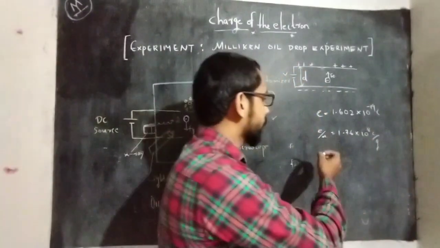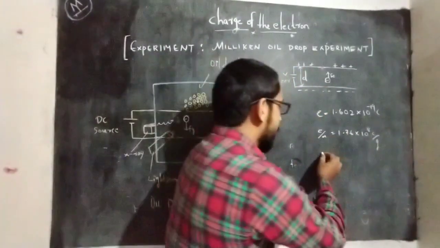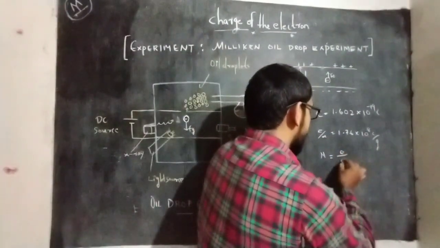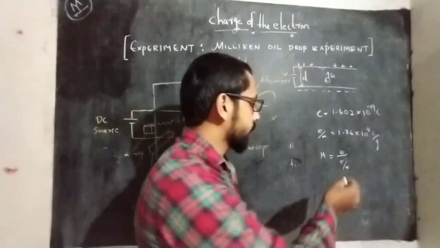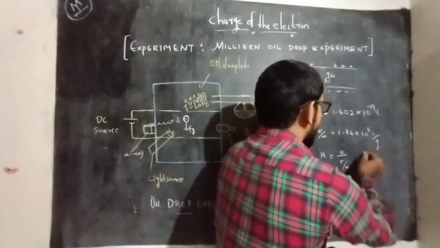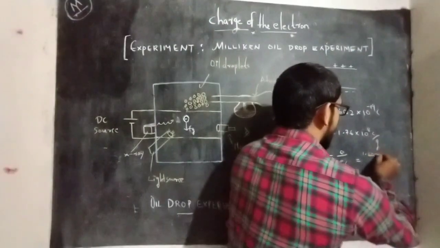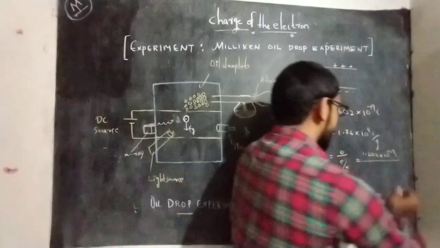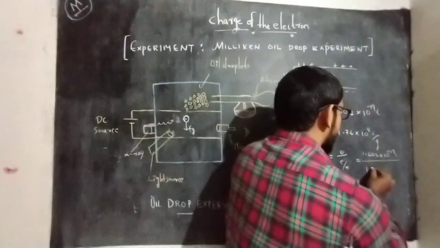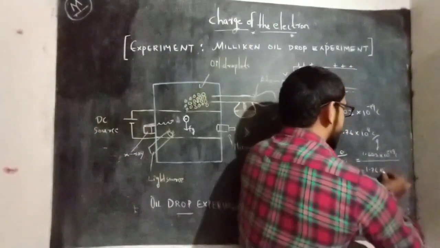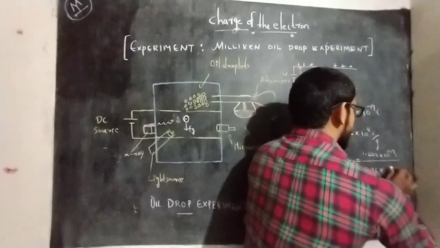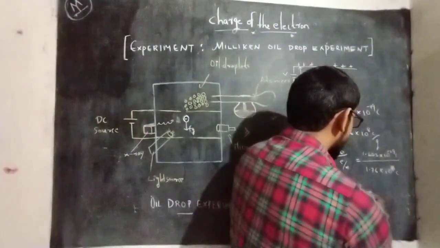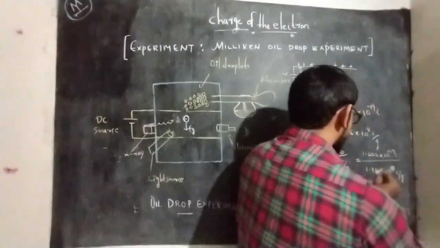So we can find M from this value: M is equal to E divided by E by M. That is 1.602 into 10 raised to the power of minus 19 coulomb divided by 1.76 into 10 to the power of 8 coulomb per gram.